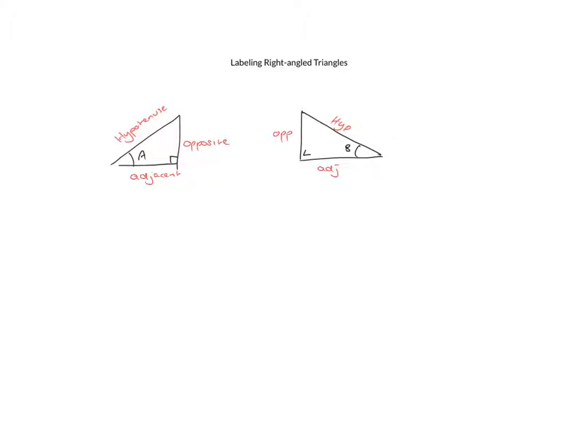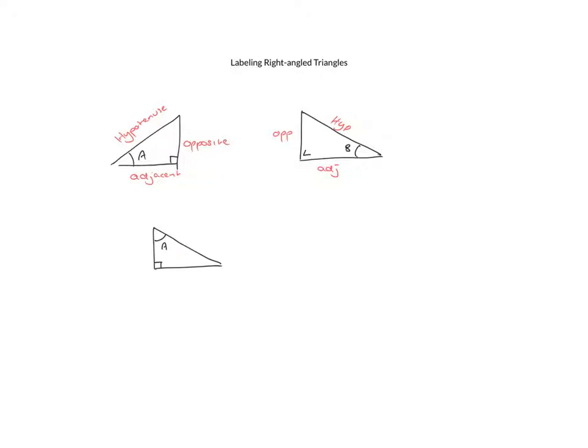Let's put a few up and see if we can get these done. Let's have a look at this one, and I'm going to give you this angle here. I'm going to call this angle A. Straight away, we need to be able to label it. Don't forget, I should have written this in, this is actually a right angle. The first thing we do is find the line that is opposite the right angle, and that's always the longest.